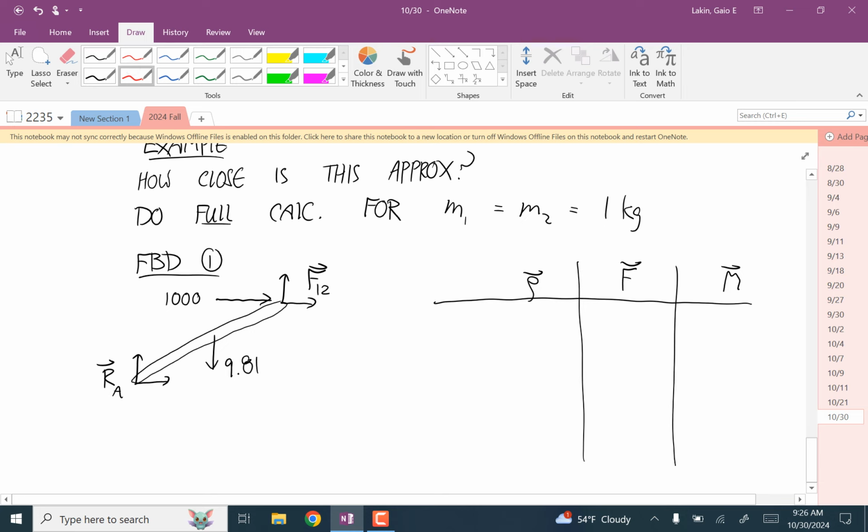I'll put my about point down here at A. So the rho vector is zeros. Force vector is RAX, RAY. Cross product is 0.